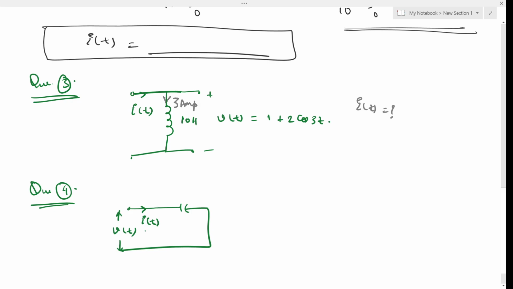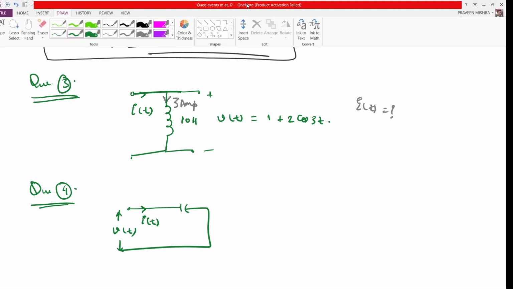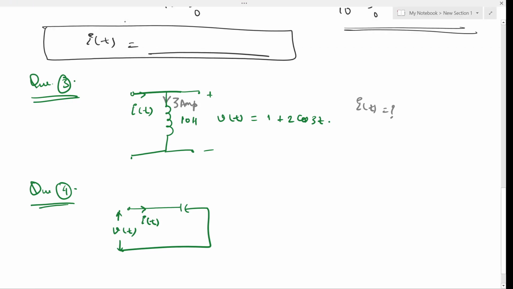The parameter values given are: the capacitor value is 2 farad, and the initial voltage across the capacitor has polarity minus to plus, 6 volt.